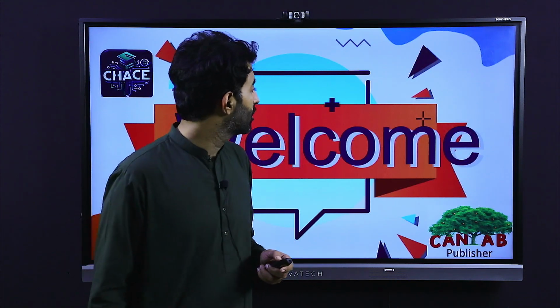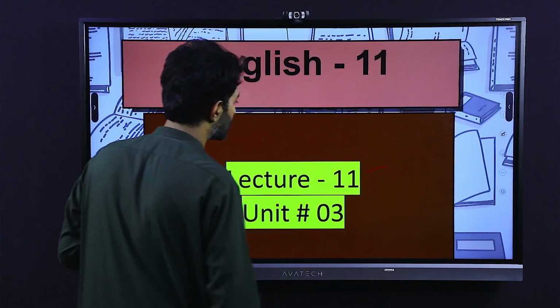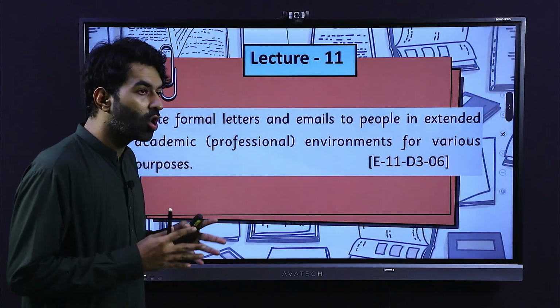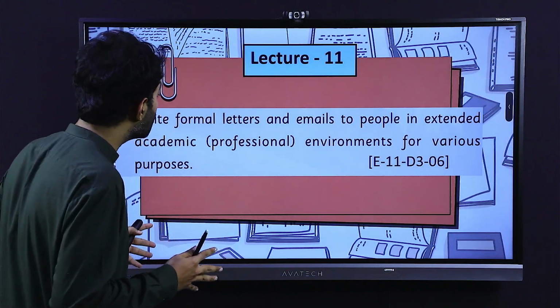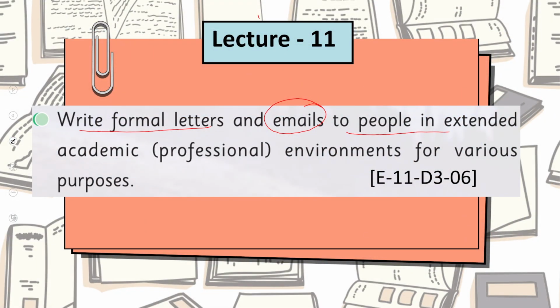Today students, we will talk about lecture 11 from unit 3, and we have a learning outcome that talks about writing formal letters and emails to people in extended academic or professional environments for various purposes.